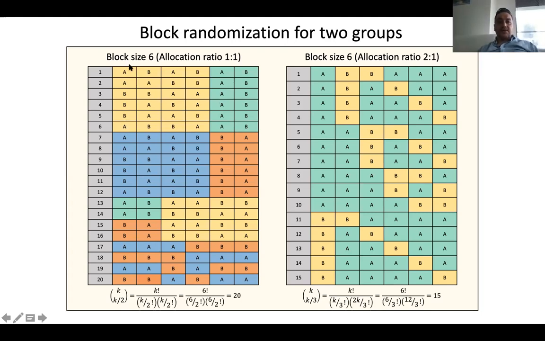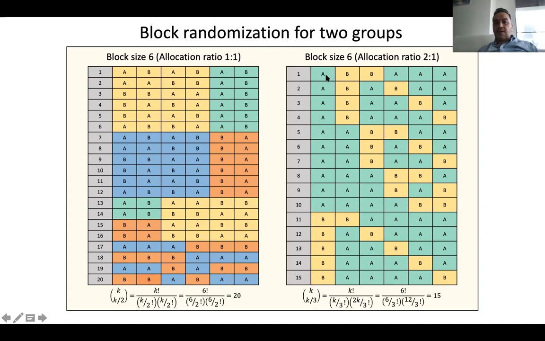So you have a block size of 6 with an allocation ratio of 1 to 1 for 2 groups. We've discussed the block size of 2, the block size of 4, and now the block size of 6. So what happens in this case is that you have 20 different options if you go for a block size of 6 and an allocation ratio of 1 to 1. And there is a way to design an allocation ratio of 2 to 1.